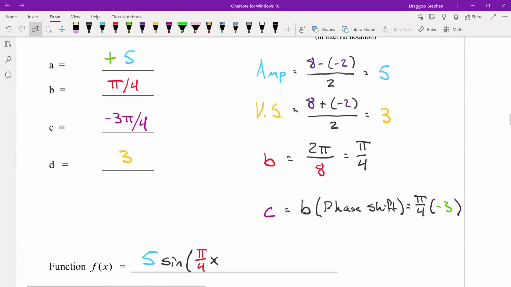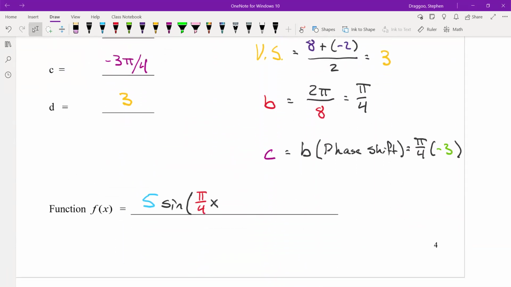So the sign changes inside the equation itself. So since c was -3 pi/4, I'm going to add 3 pi/4 right there. It's plus 3 pi/4 on the side. And the very last bit, +3. Cool. And that's my whole equation.